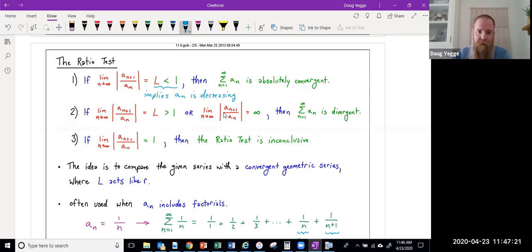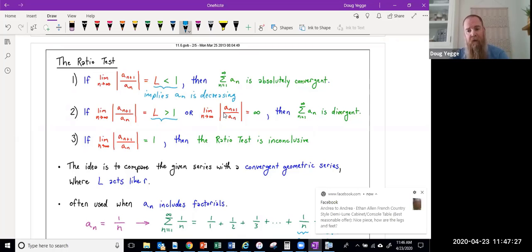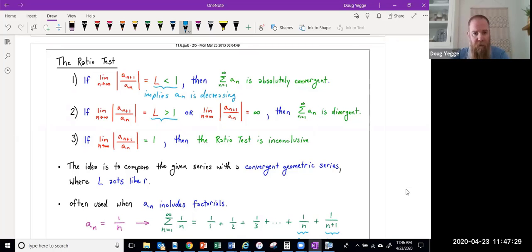While this right here, if I get a ratio bigger than 1, that means the next term is larger than the prior term, and so notice that this implies that a sub n is increasing. And if a sub n is increasing and I'm adding up numerous terms, it's obviously going to diverge.